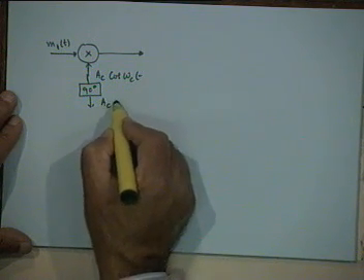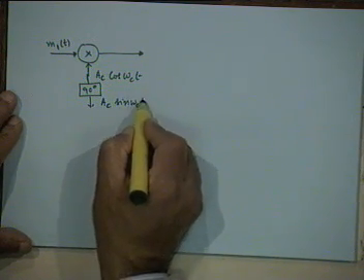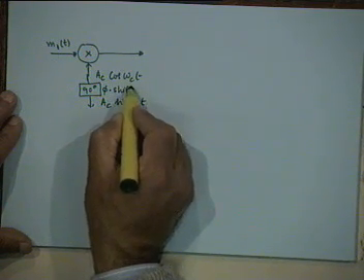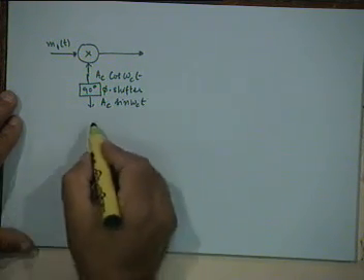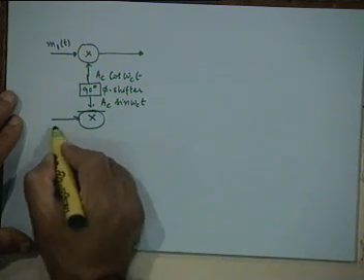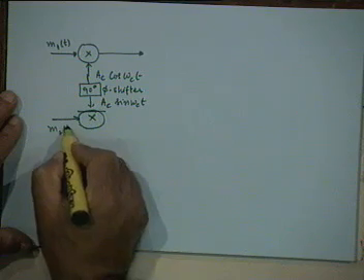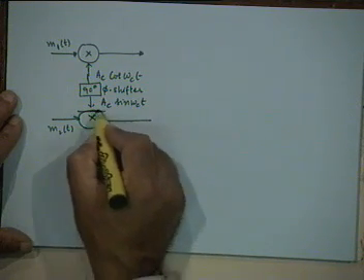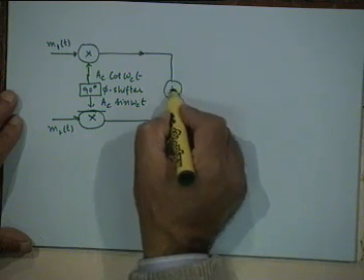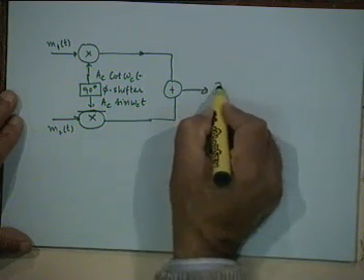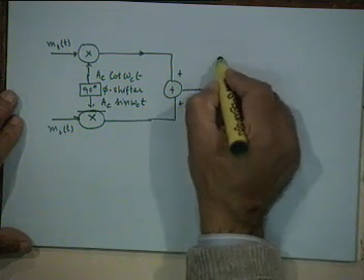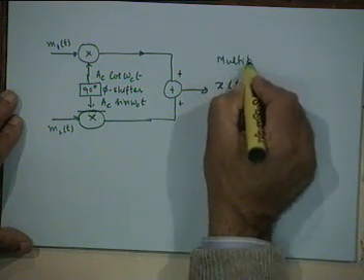Here you will have Ac sine omega ct. This is a 90-degree phase shifter. And the second message signal is coming here, m2(t). You multiply this with Ac sine omega ct, and these two are added together and transmitted as the multiplex signal. So this is a multiplex signal.